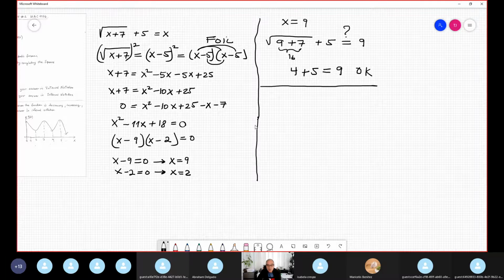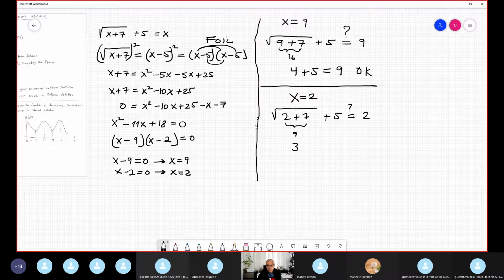Let me check solution 2. Square root of 2 plus 7, no? Plus 5 should be equal to 2. 2 plus 7 is 9.